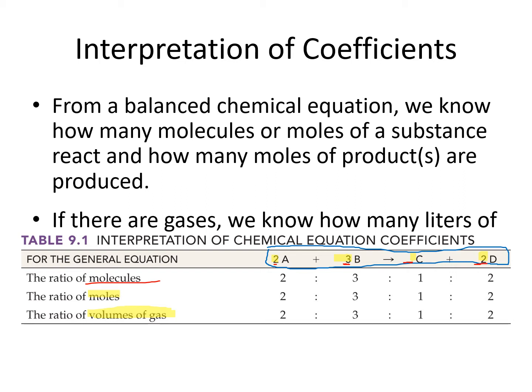Essentially what that means is that if the gases are under the same set of pressure and temperature conditions, then 1 mole of the gas, it doesn't matter what the gas is, will take up that same amount of volume. And so for that reason, these can be volume coefficients as well if we are talking about an all-gas phase reaction.